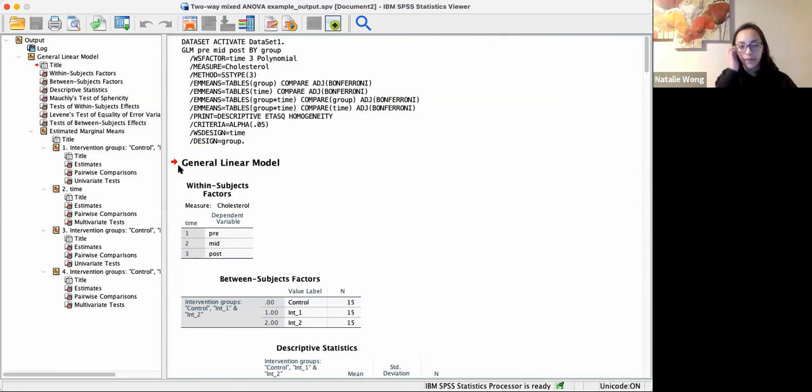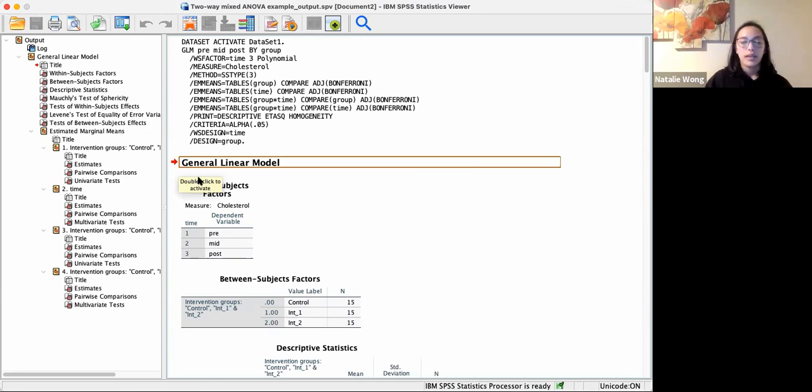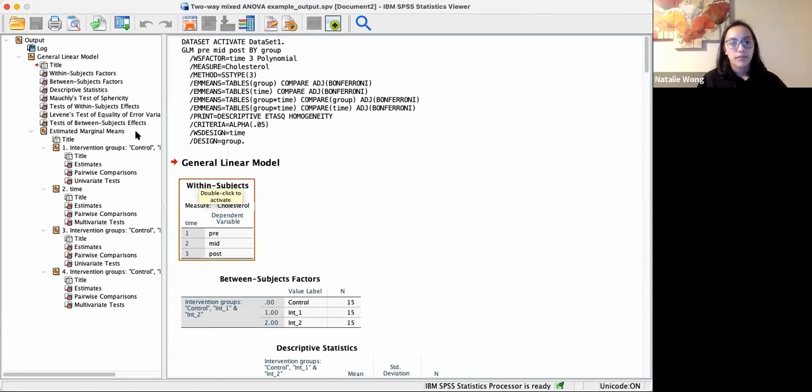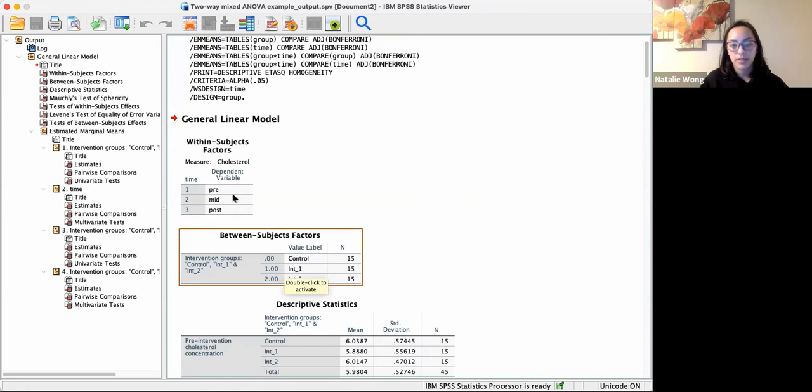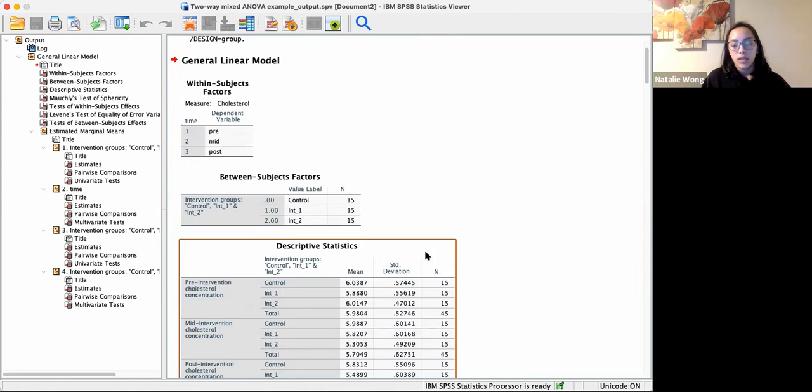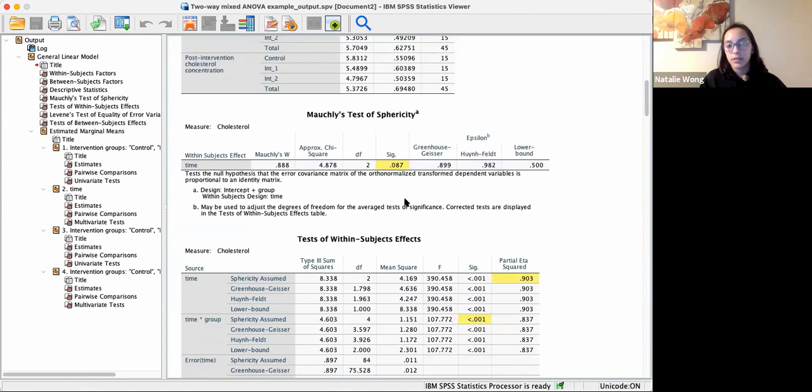In case any of you are interested, I can show you what the output looks like, or at least the organization of it. You'll see the same thing in the activity video, and I've cut out things that we don't need in here. We have a list of our within and between subject factors, which tells you what each label means in your output. Mauchly's test of sphericity will show up first.